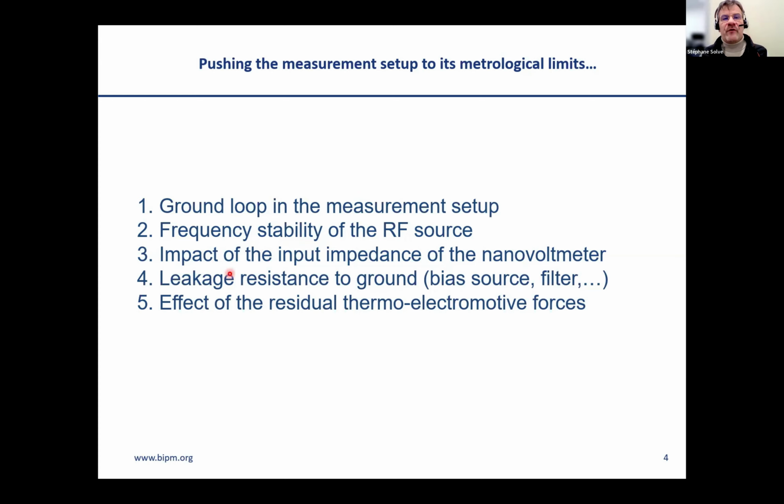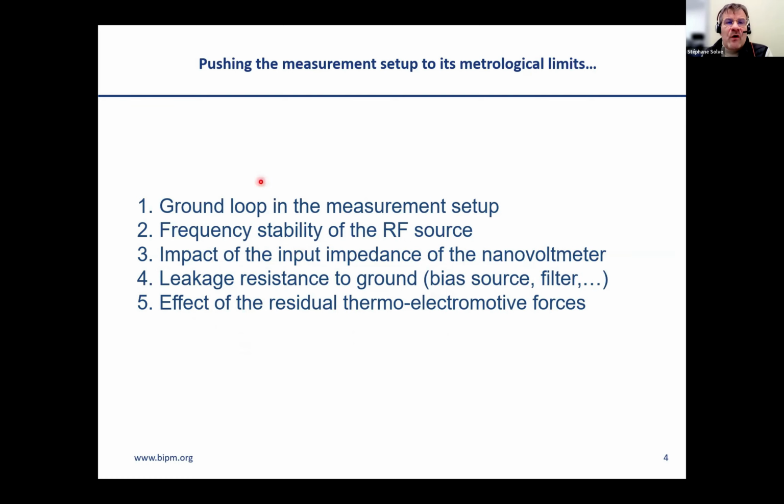I will show you some results showing the impact of the input impedance of the nanovoltmeter, which measures the voltage difference between the two standards. I will show you as well some results on the leakage resistance to ground. I will focus on the bias source today and not extend it to the leakage that can exist also between the two voltage output leads. And finally, I will show you an example of the importance of the effect of the residual thermoelectromotive forces.